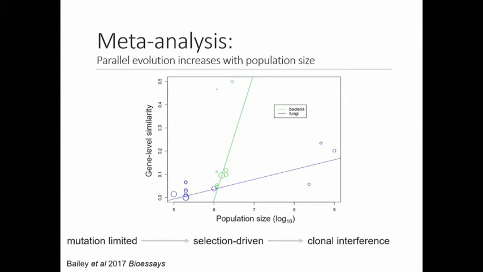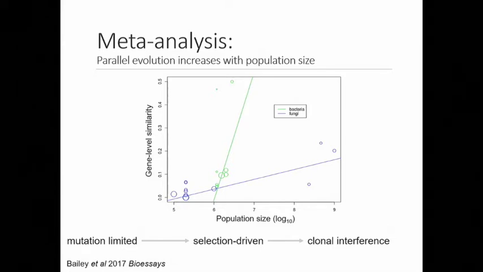Clonal interference means that in these asexually reproducing populations, if there are enough mutations arising at a high enough rate, you can see different mutations arising, perhaps two beneficial mutations arising and competing with each other, and then whatever mutation happens to have the highest fitness will in the end win out and fix in the population.